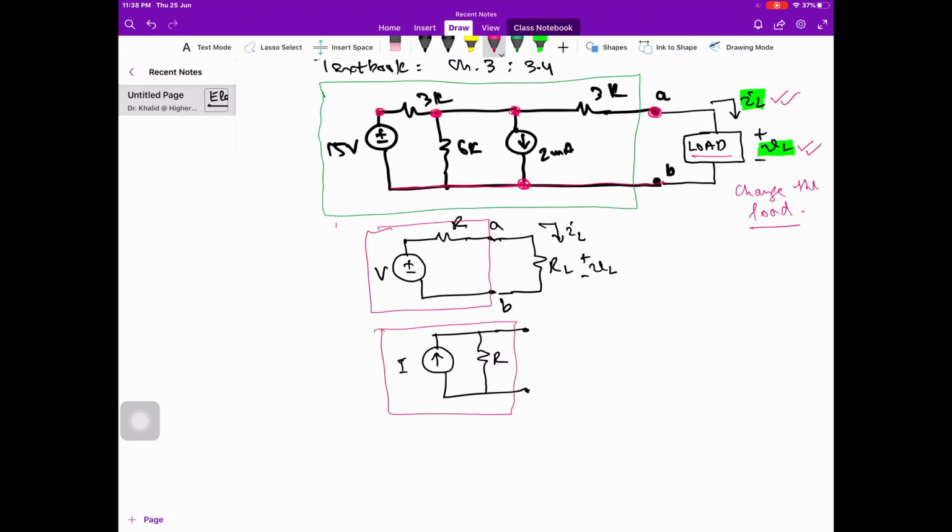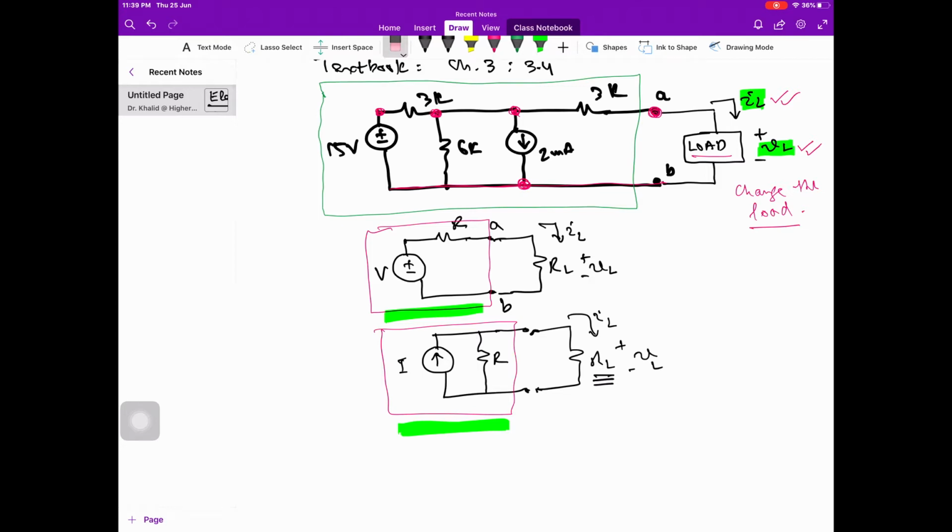If this circuit is equivalent to the original, then we can find the load voltage and load current quite easily, because this is an extremely simple circuit. If we change this resistance, no problem, we can find voltage and current quite easily due to the simplicity of the circuit.